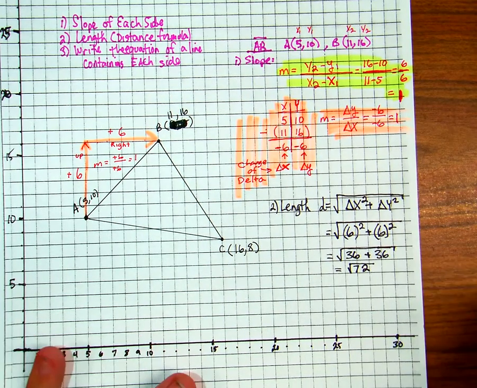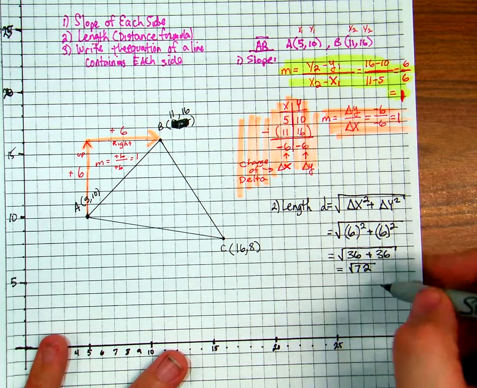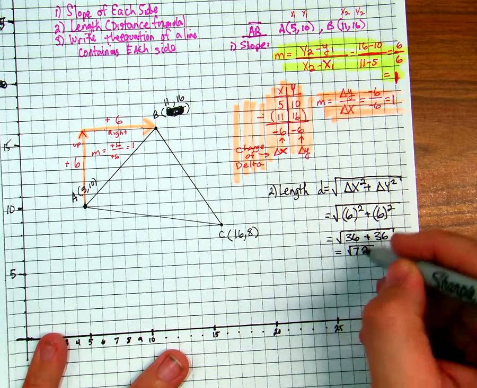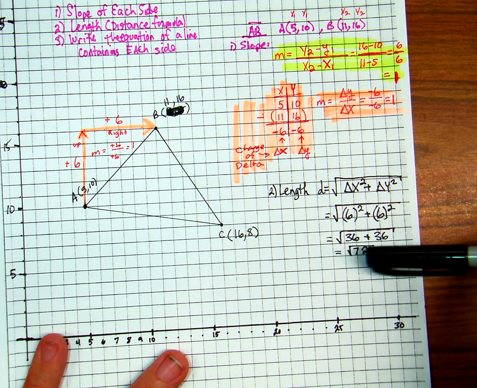Now, even better yet, if you wanted to simplify this, because if you look at the square root of 72, you're thinking to yourself, I'm not quite sure what it is. It's not quite 64, which would be 8 squared. It's not quite 81, which would be 9 squared.